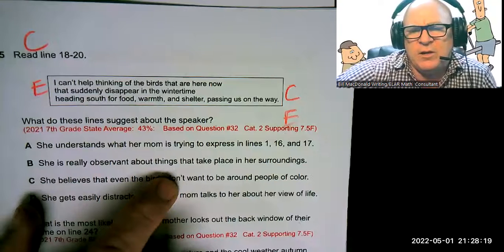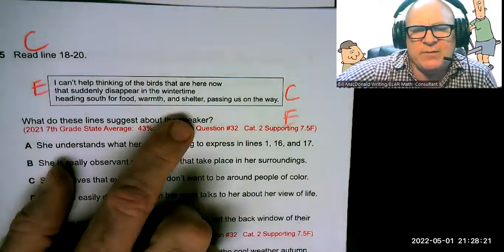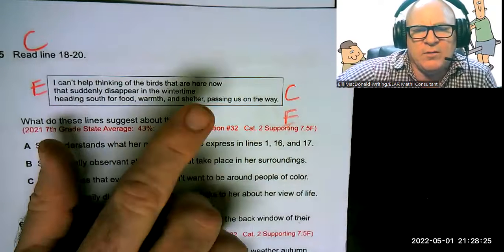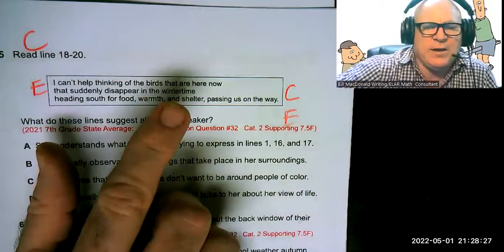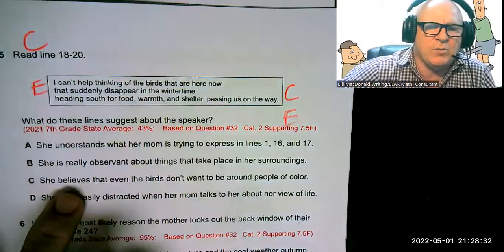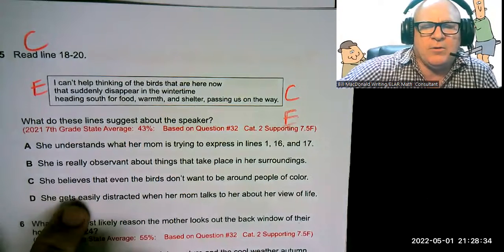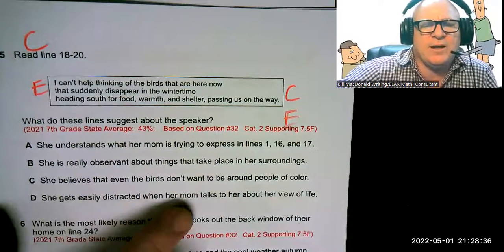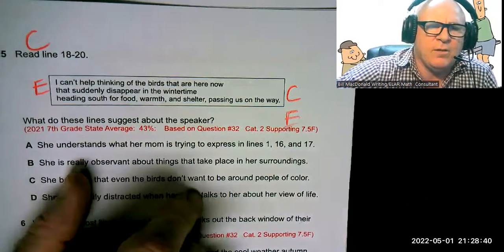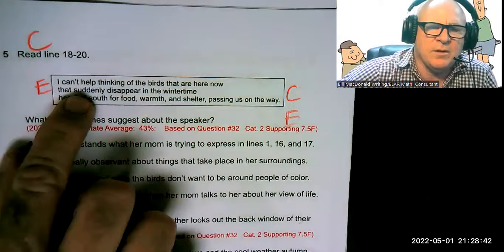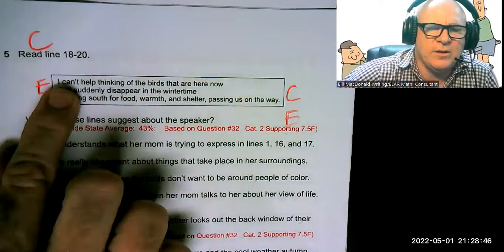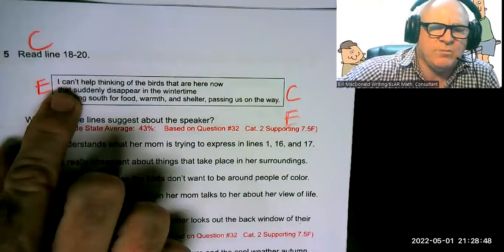So if we look forward or look back and find her being negative and saying that even the birds don't want to be around them, but they're just passing us on the way, then we'll pick C. Or that she easily gets distracted when her mom talks to her about her view of life. So if her effect is, yeah, mom's over here telling me something, but I can't help think of something that has nothing to do with it, that's what being distracted means.